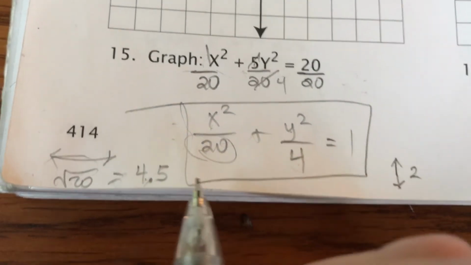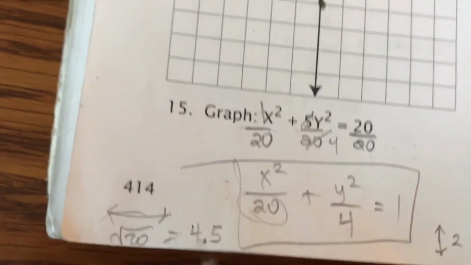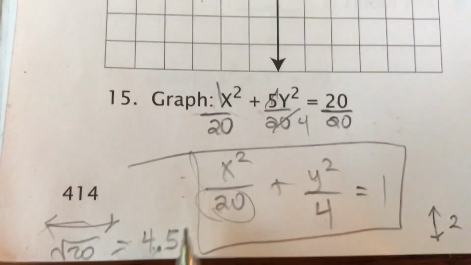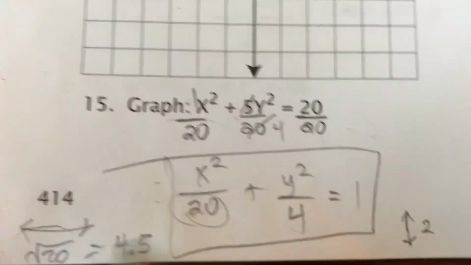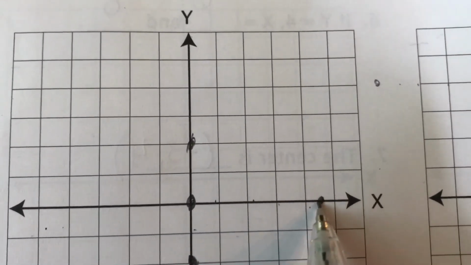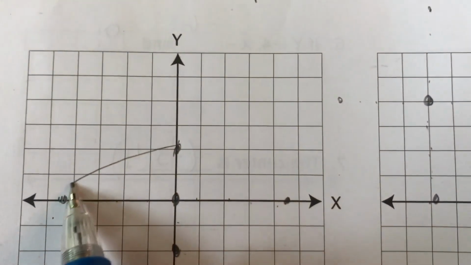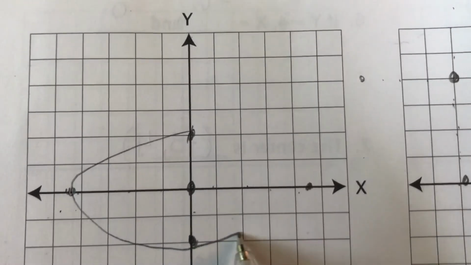Okay, so what you're going to do there, and in a minute I'll show you how you could have gotten that even without a calculator, okay? But you're going to go back and forth about 4.5. So I'm going to go over here, 1, 2, 3, 4.5, 1, 2, 3, 4.5. And then we're going to do this nice smooth ellipse like this.